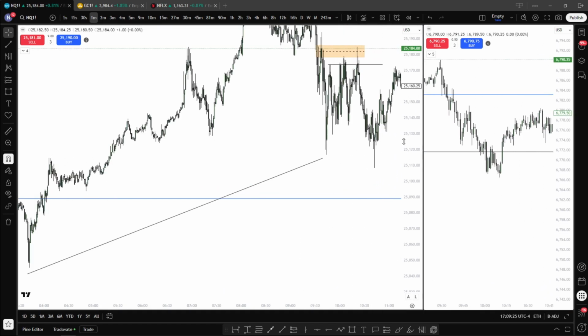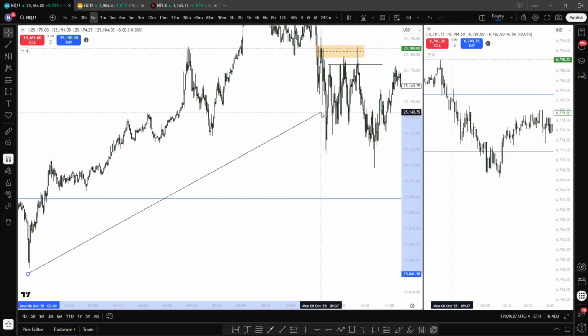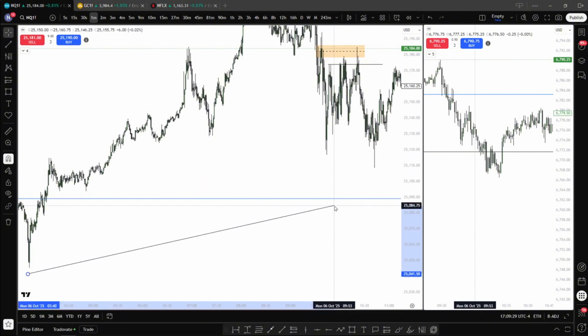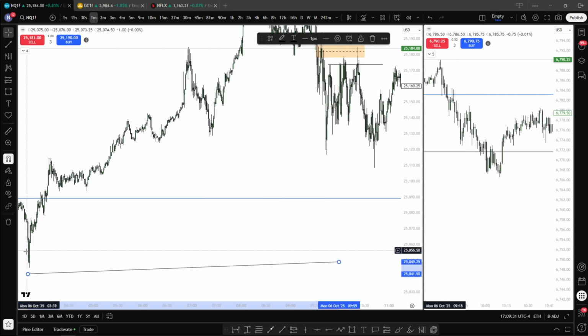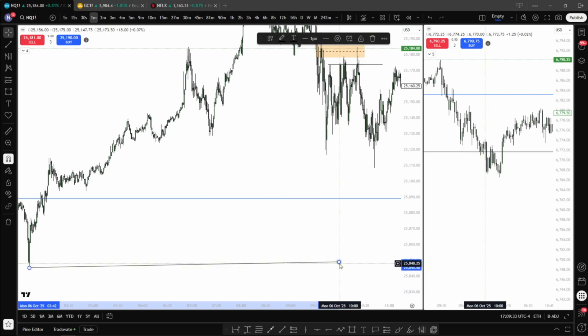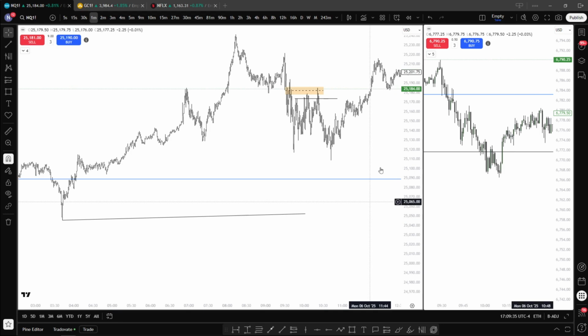But okay, yes, we have this major SMT, but our reversal can form here, it can form here, it can form even all the way down here, right? And we still have that SMT. So to confirm the SMR, I then need a second SMT called my internal SMT.